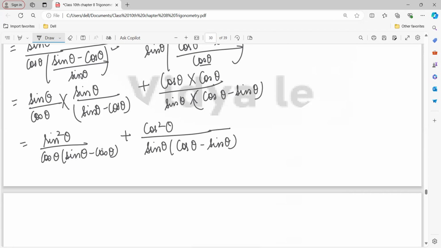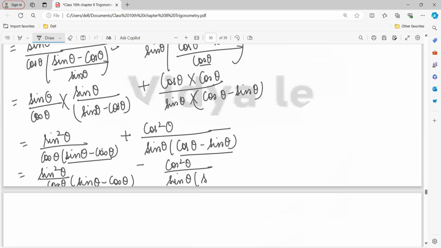Now, let's again take the LCM. First of all, let's take the minus sign common, to make the two terms the same. So it will become sin square theta upon cos theta into sin theta minus cos theta. While taking the minus sign common, we'll get minus cos square theta upon sin theta into sin theta minus cos theta, right?